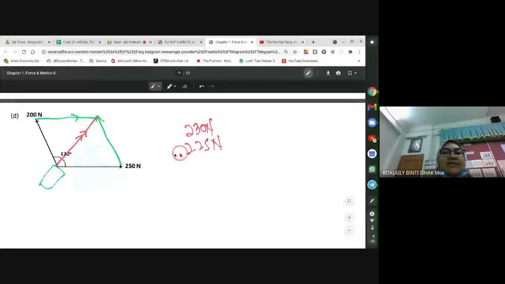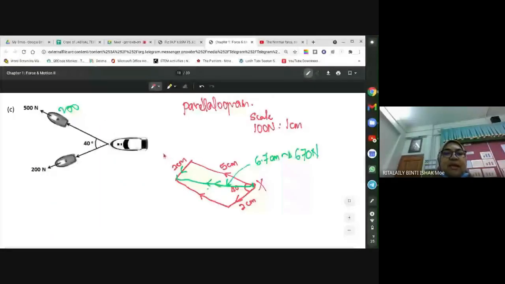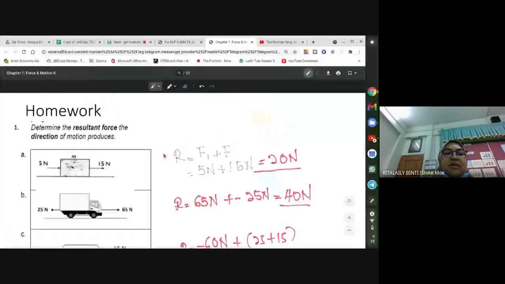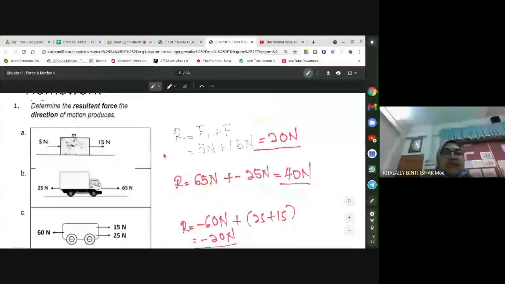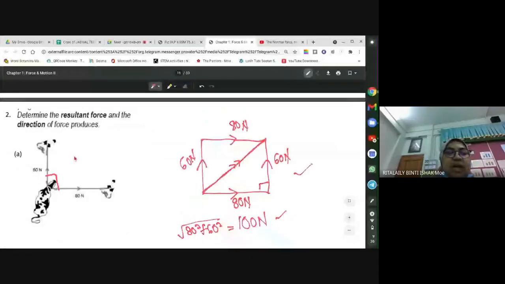Okay, so we have looked into resultant force. The first resultant force that we discussed is forces that are parallel, like the questions in 1A, B and C. And then we have forces that are perpendicular to each other. If forces are exerted perpendicular to each other, we can use Pythagoras theorem, which for me is much easier than drawing the parallelogram.